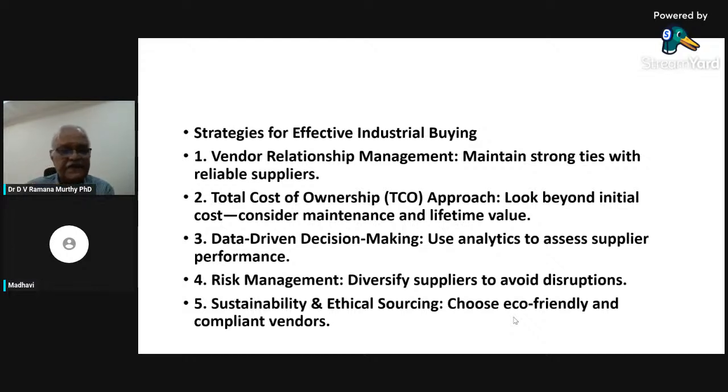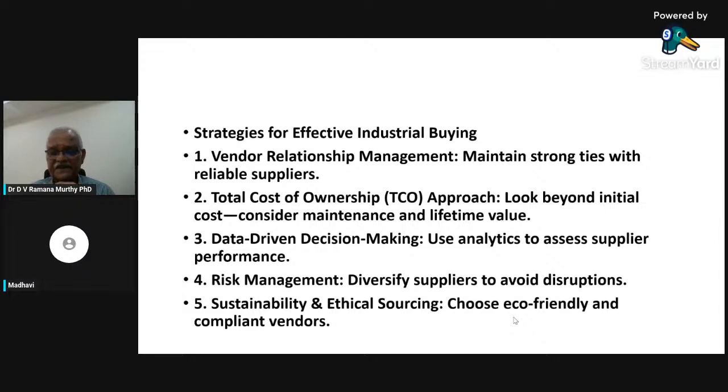Then data-driven decision making. We need to take decisions based on information only, because today we are in the information age. So, are you using analytics to assess supplier performance? Yes or no? If no, then you're gone. This is what we call data-driven decision making. Collect as much supplier data as possible.